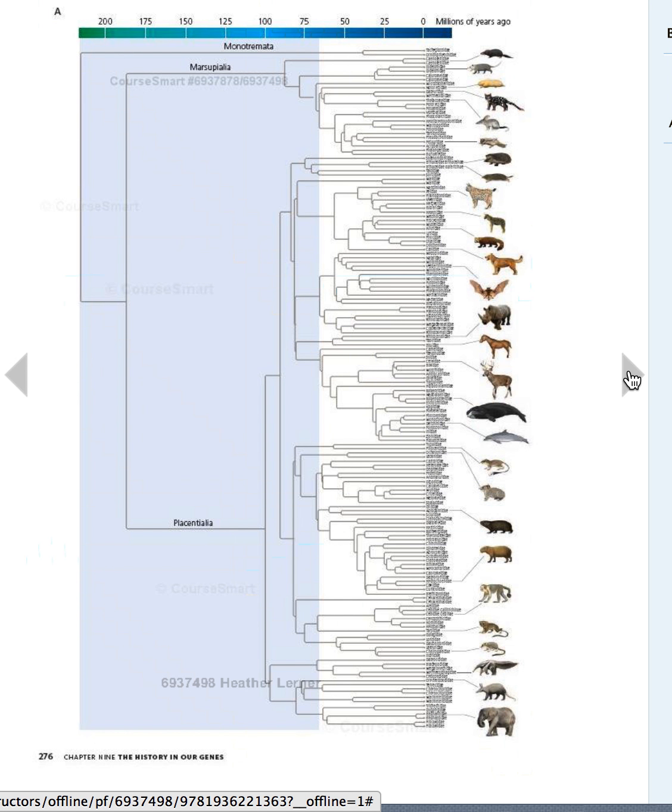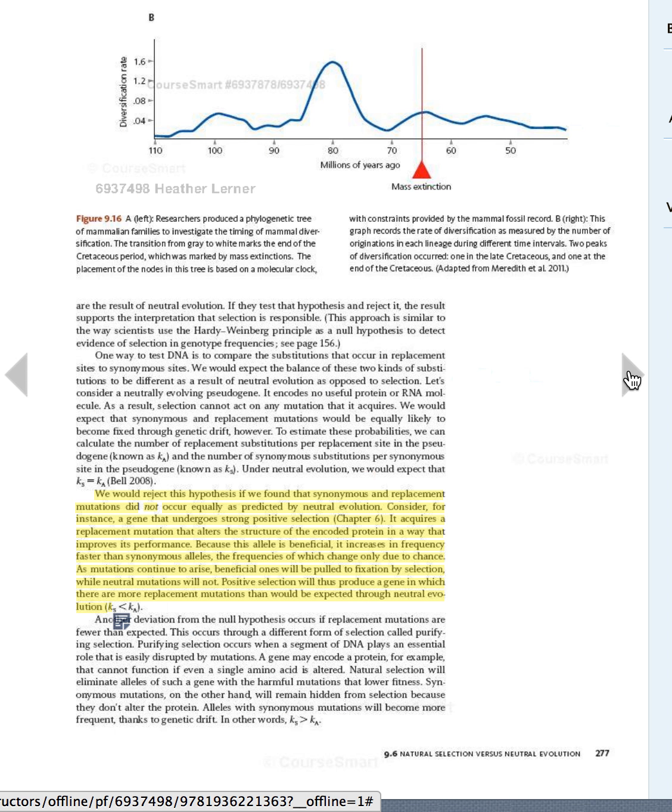And then they're going to give you examples of comparing different taxa to identify mutations, where you can be comparing different individuals within a species to a closely related species, or you can just be comparing multiple closely related species.